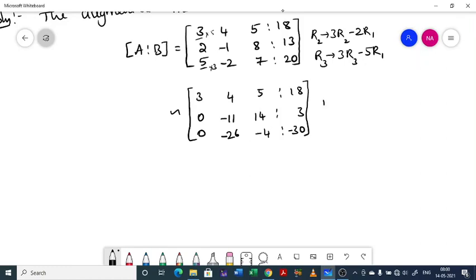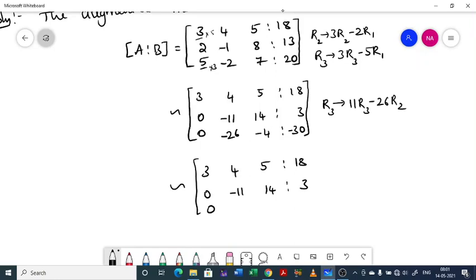Next, R3 changes to 11R3 minus 26R2. Here we get big numbers, so again we should be very careful. There is no change in the first two rows: 3, 4, 5, 18; 0, minus 11, 14, 3.